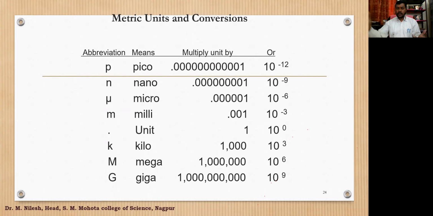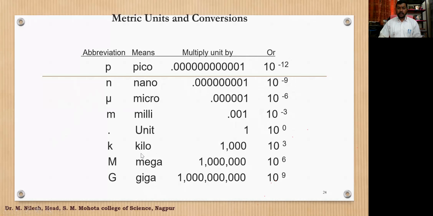In our case, we can use it as millihenry, milliamperes current, right? So milli has a value of 10 raised to power minus 3. And when we say micro, that is 10 raised to power minus 6, nano 10 raised to power minus 9, pico 10 raised to power minus 12.